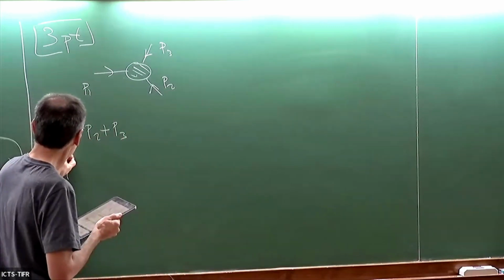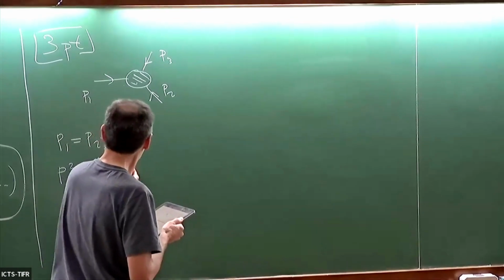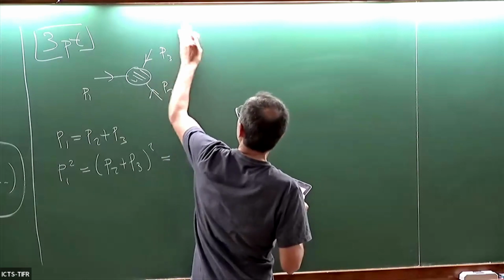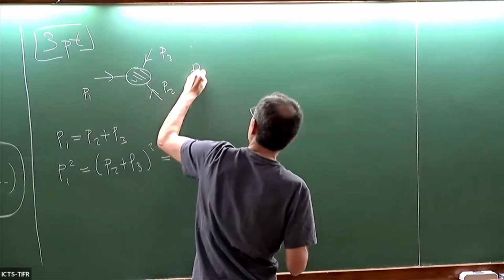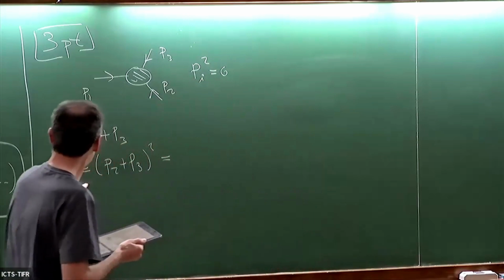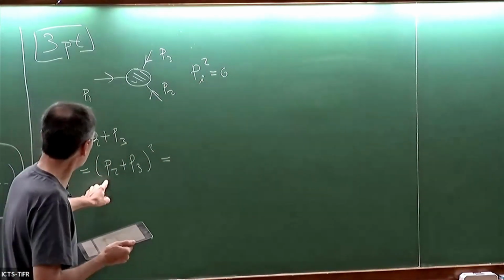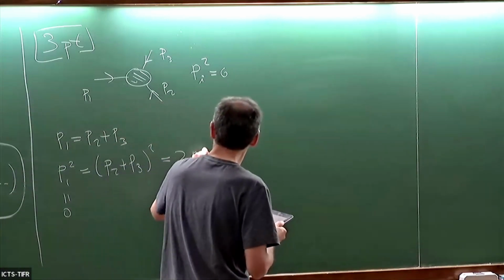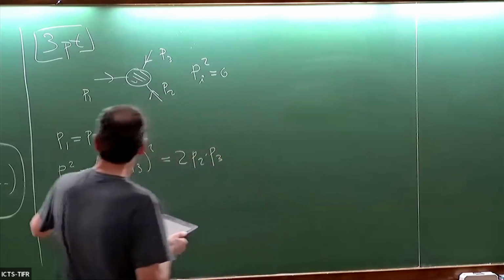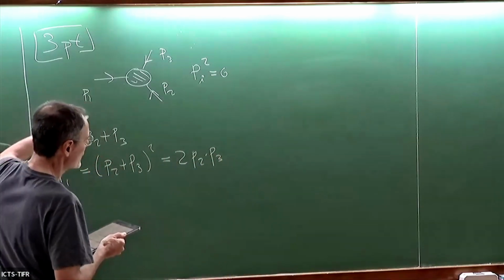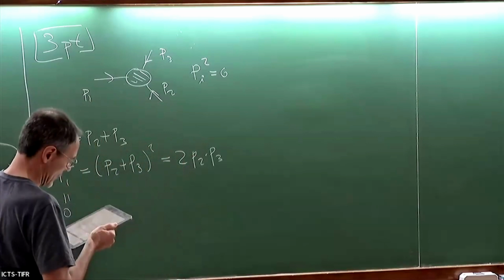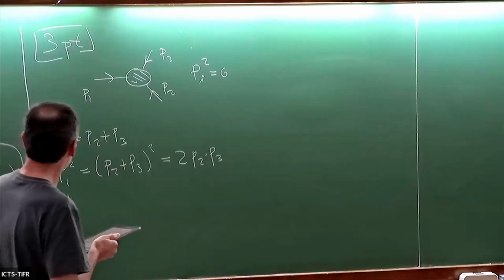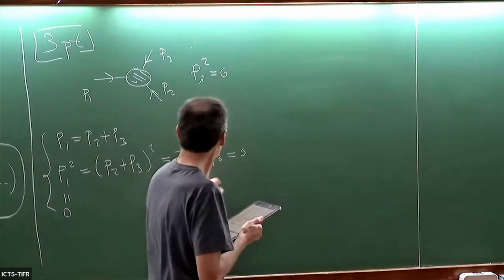You have P1 squared equal to P2 plus P3 squared, and because these are massless particles, Pi squared is 0. So I have a 0 on the left, and the squares on the right are 0, so only the cross term remains, P2 times P3. These are contractions with the normal Lorentz index mu. You see this is 0, and it's 0 for all of them.